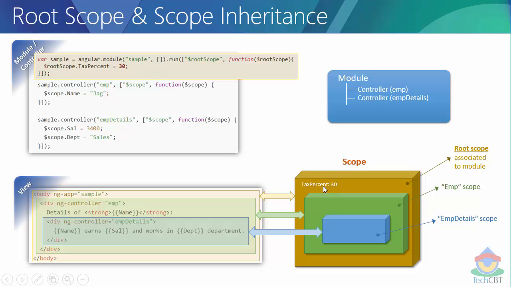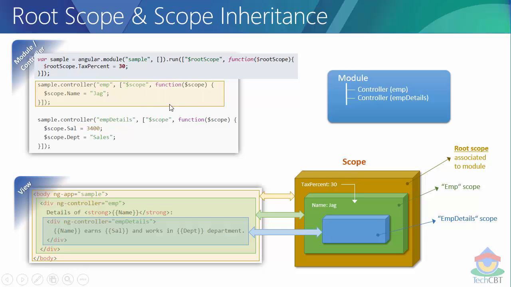So this member gets automatically made available to any of its children, including EMP and EMP details. But for now I am saying this tax% 30 is going to be made available to the EMP scope. And let us see how the EMP scope is going to be executed.